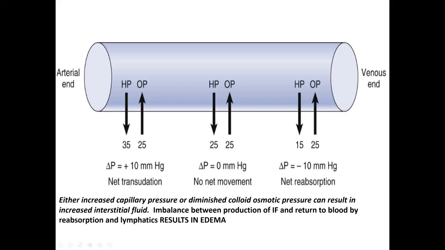So either increased capillary pressure or diminished colloid osmotic pressure can result in increased interstitial fluid. Imbalance between the production of interstitial fluid and return to blood by reabsorption and by lymphatics results in edema.